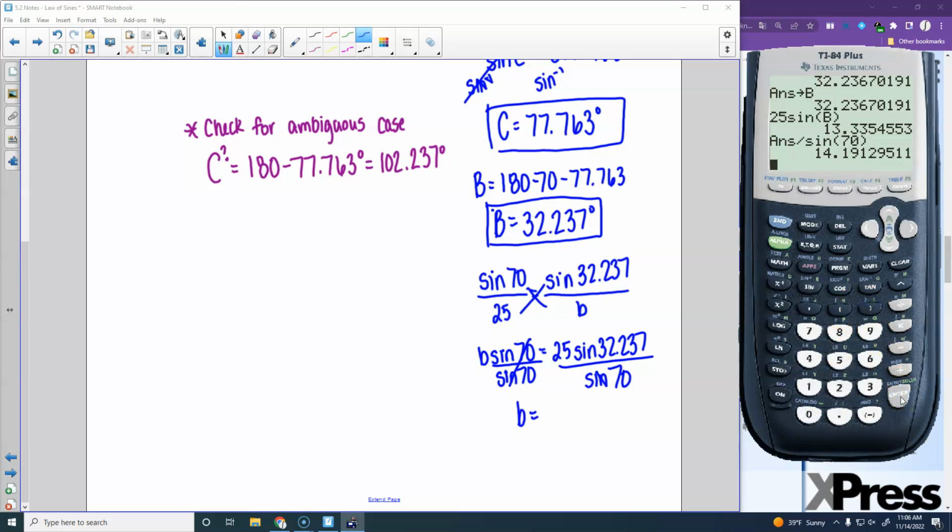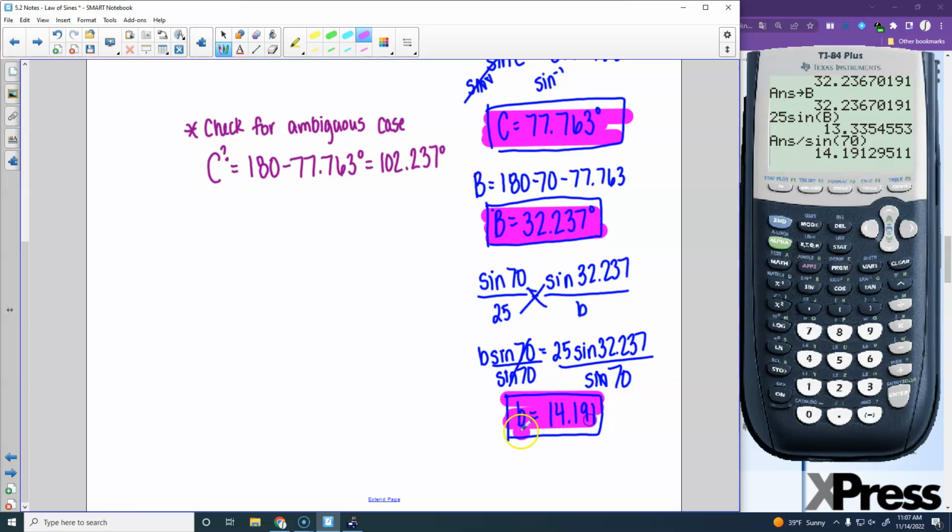We get 14.191. Okay, so what we have right now is one set of possible answers. If angle C is 77.763, then angle B has to be 32.237 and side B has to be 14.191.